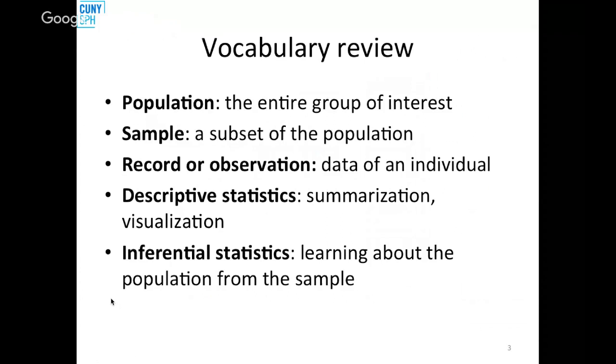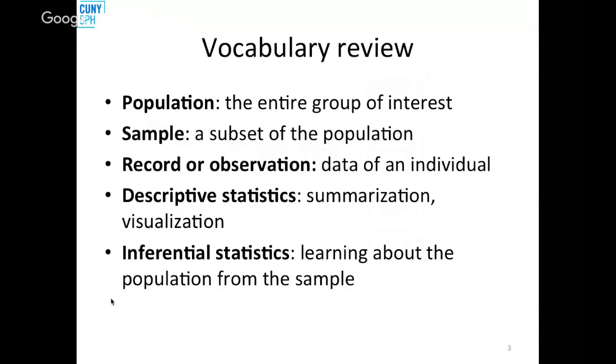And it's something that normally we can't observe all of, so we take a sample from that population, which is a subset, and something that we can practically measure or observe in our study. Again, those records are observations. Each of those is the data from one individual or observation.